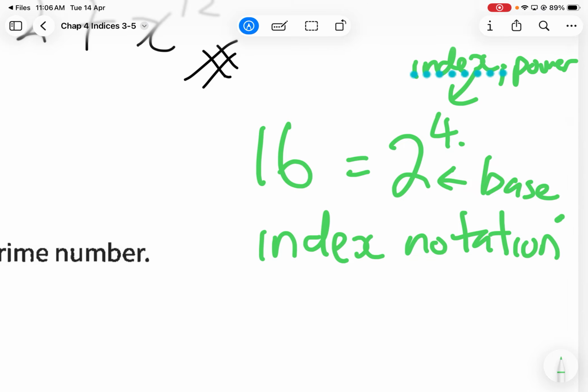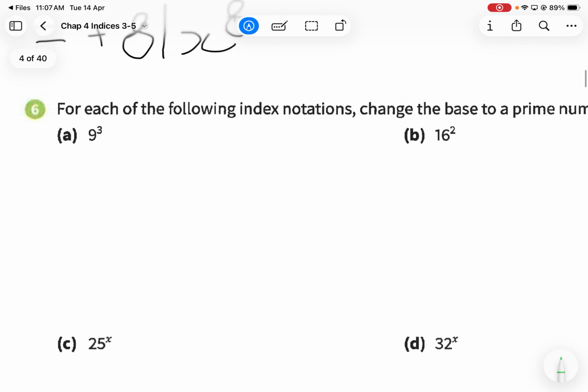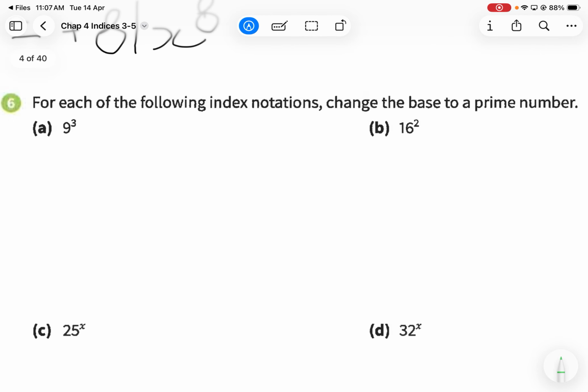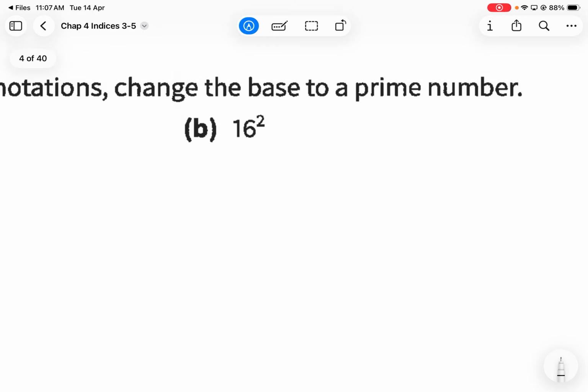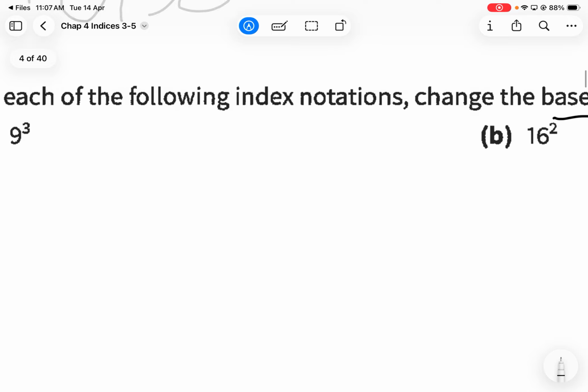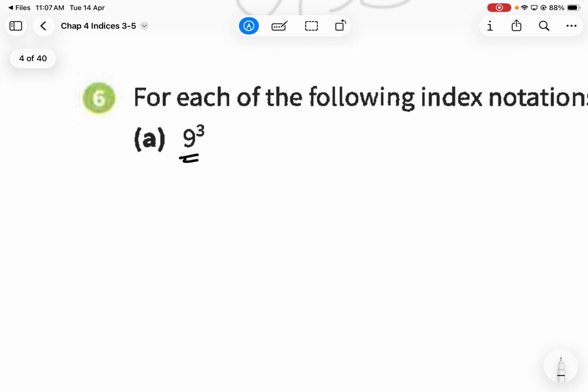Okay? Then when we look at question 6, each of the following index notation, change the base to a prime number. That is what they want us to do. So for now, the base is 9. 9 is not a prime number. So what are prime numbers?